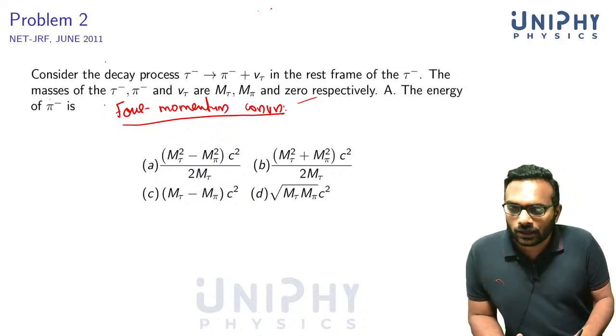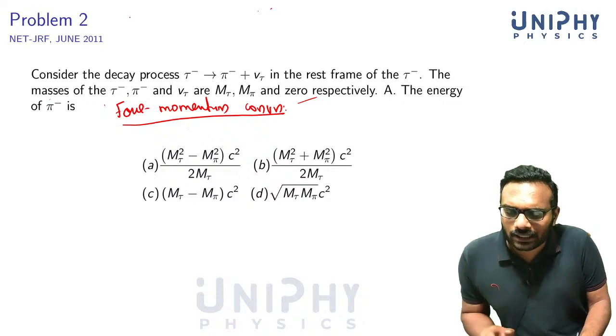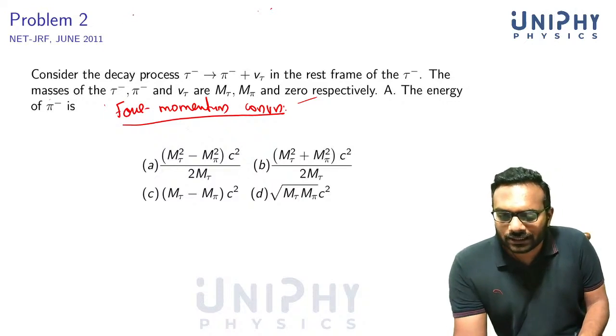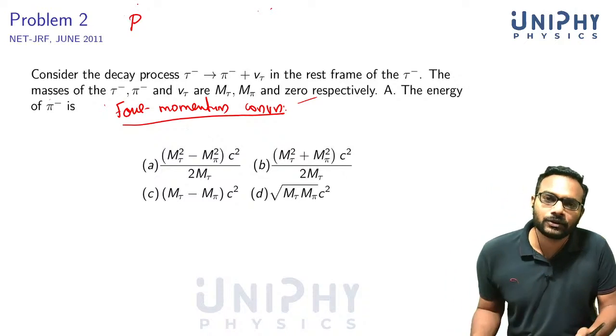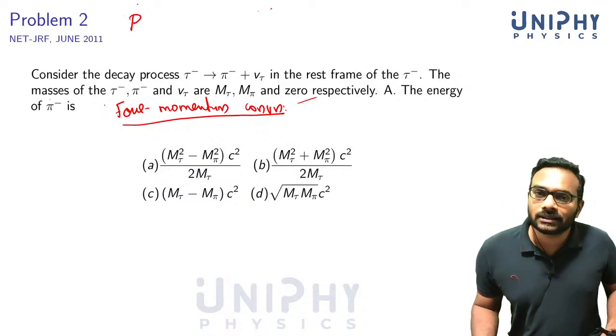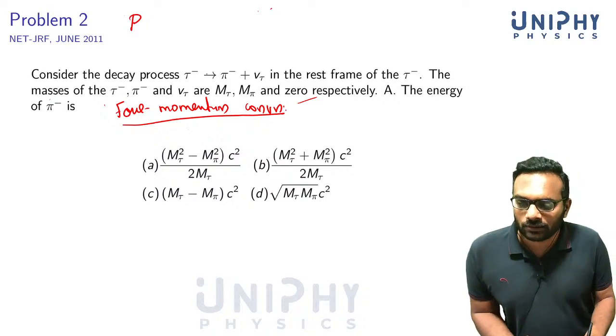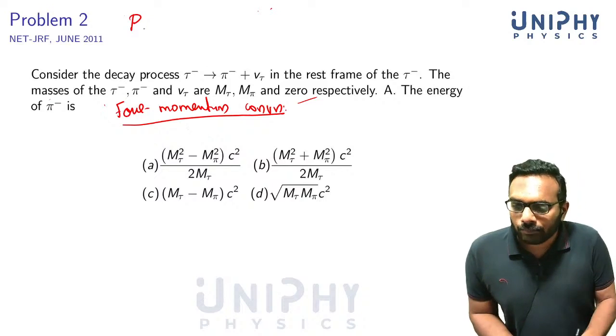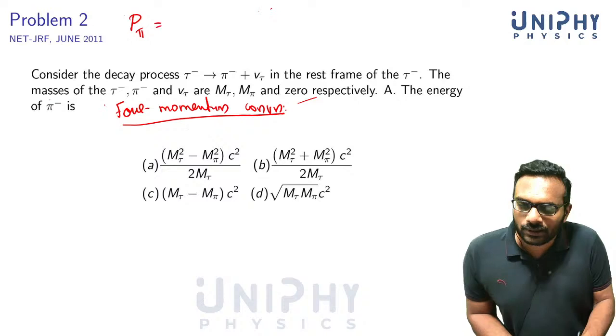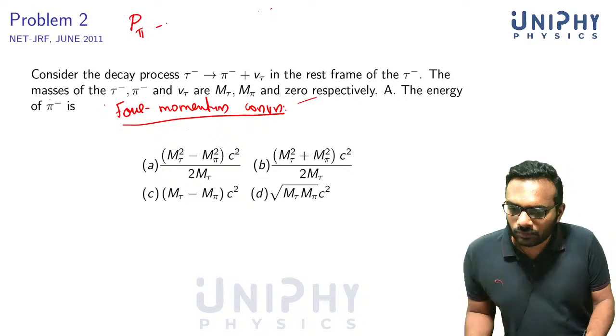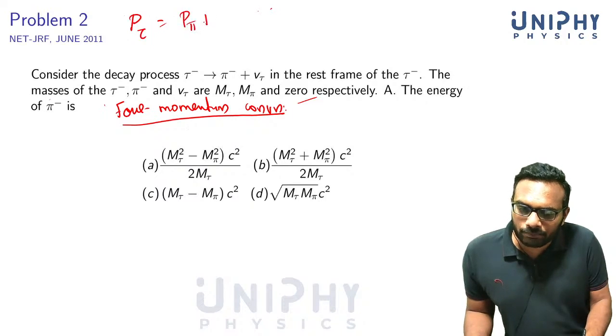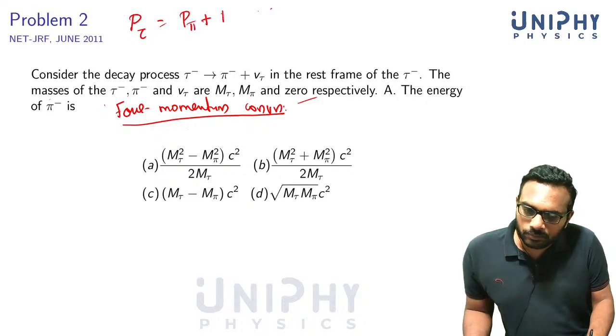Now I will write it like this. For the 4 momentum, I won't use a vector sign. If I use a vector sign, it means that it's the usual 3 momentum. So I'll write: P tau is equal to P pi plus P nu.